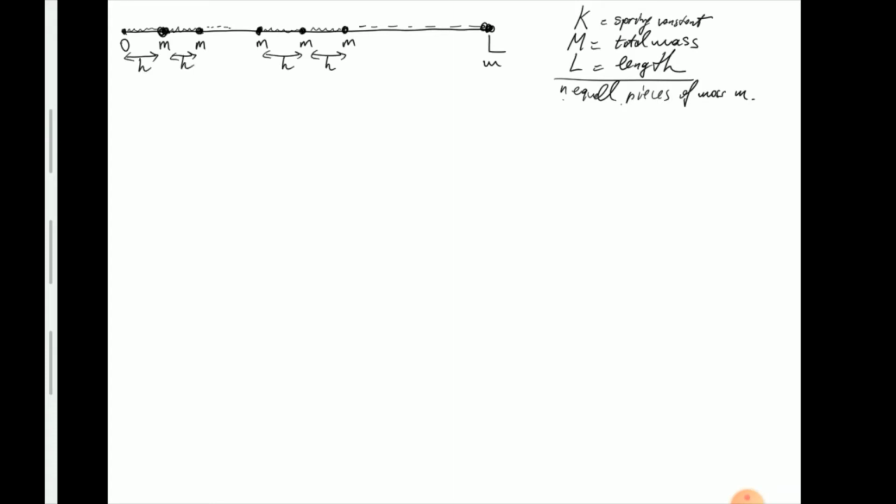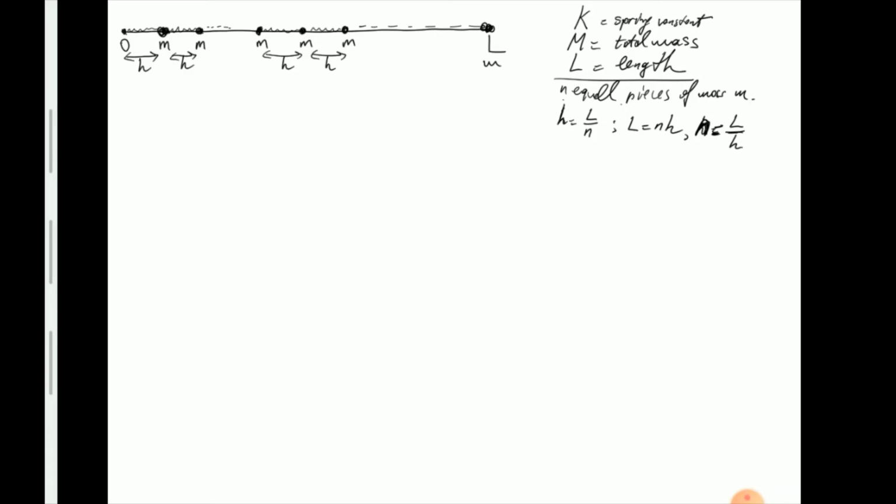That means the relationship is that little h is big L over n, or in other words, big L is n times h, and little n can also be written as big L over h. We're going to need these relationships later. That's why I wrote them here.